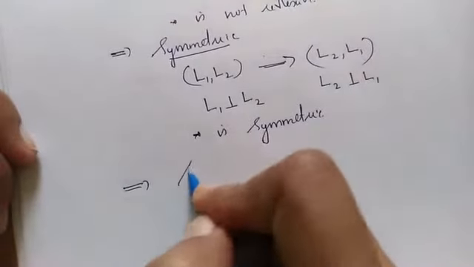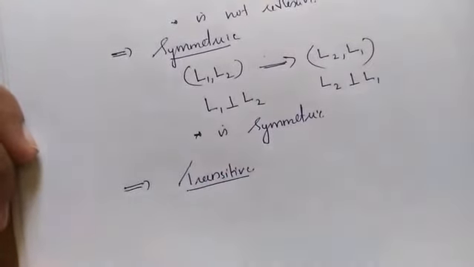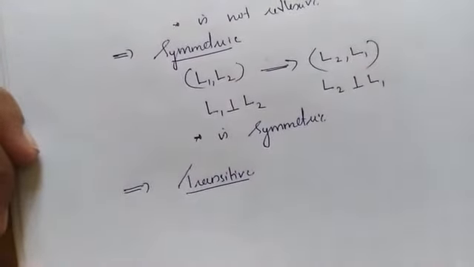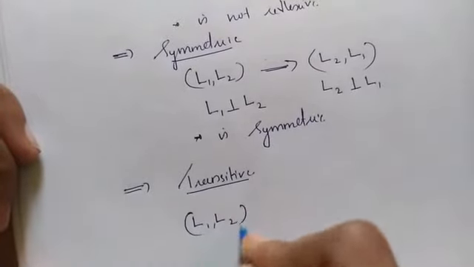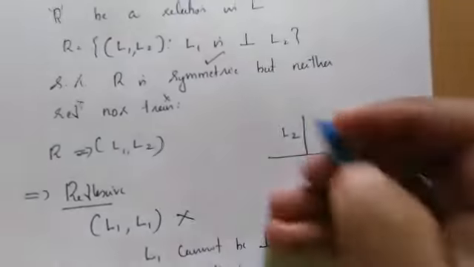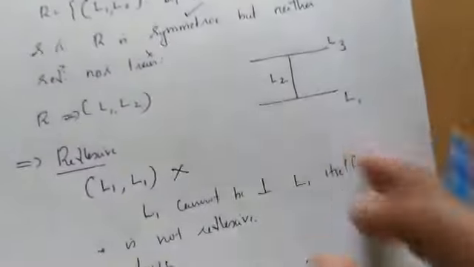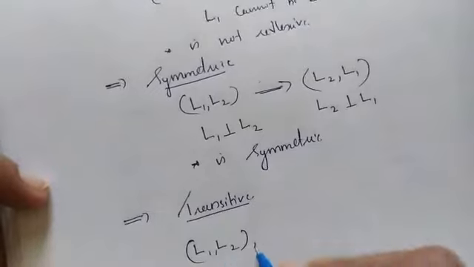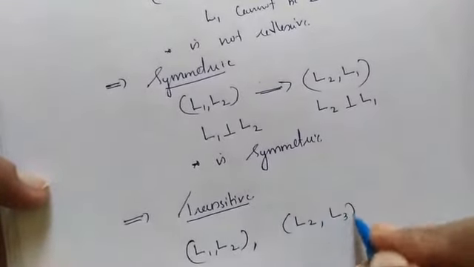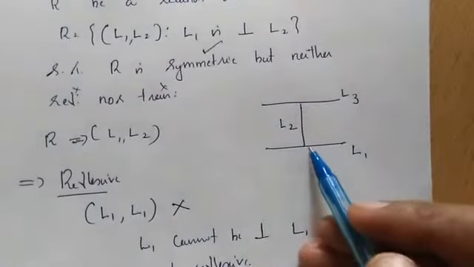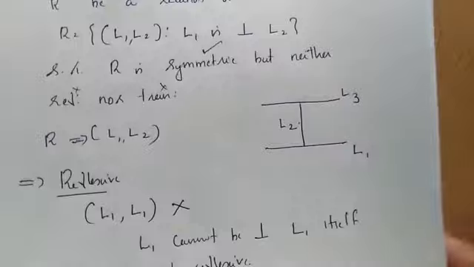And the last case is transitive. We have (L1, L2), and we are constructing L3. We know that (L1, L2) and (L2, L3), and in this figure L1 is perpendicular to L2 and L2 is perpendicular to L3.